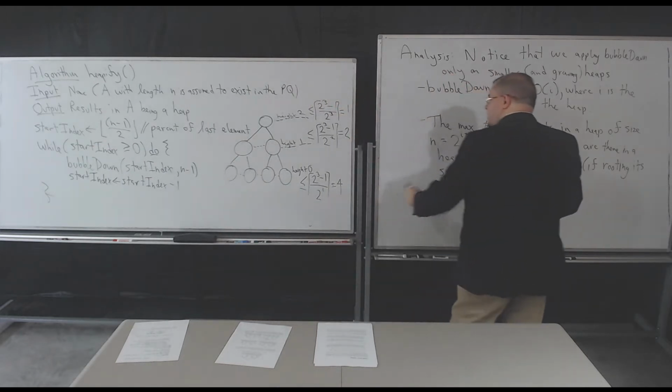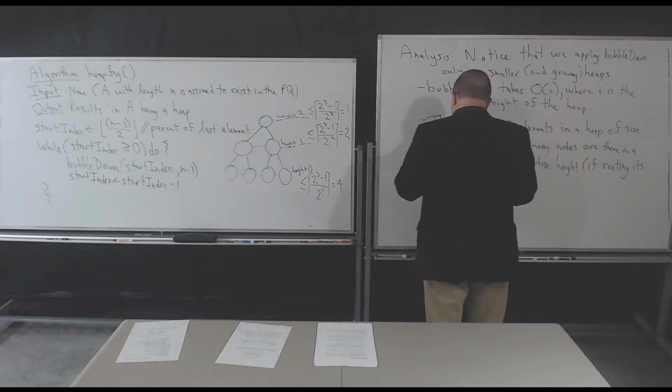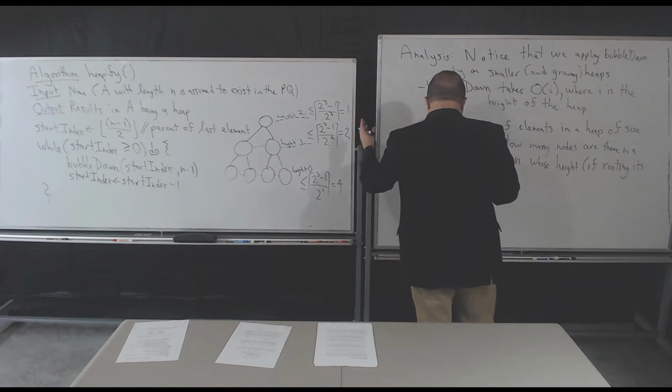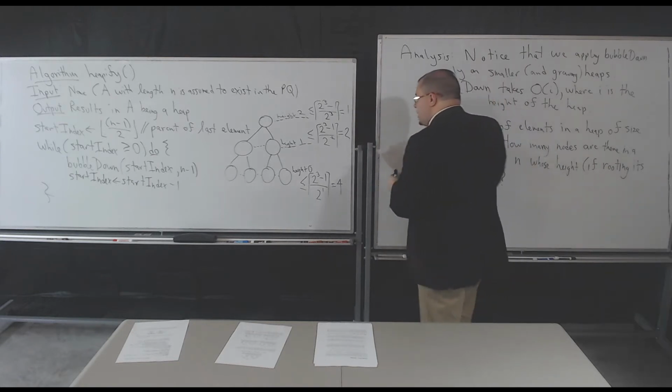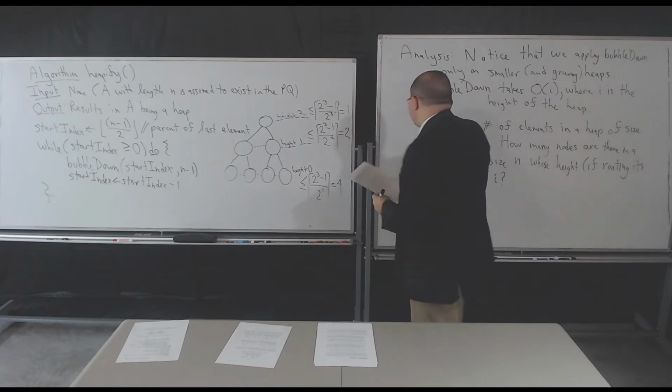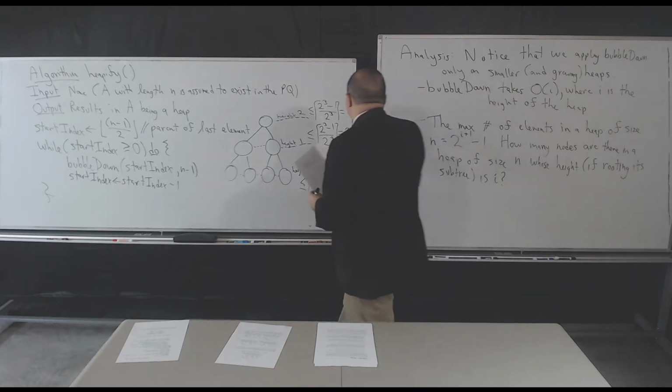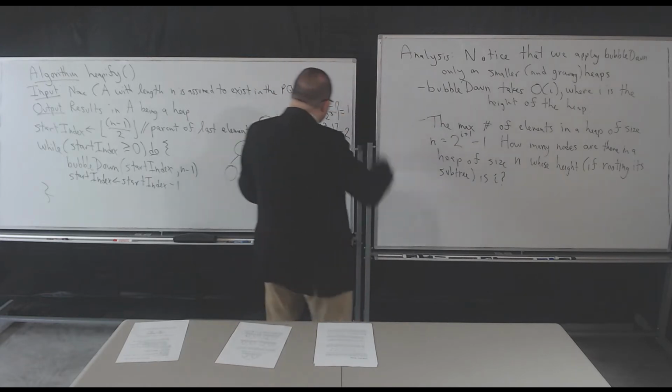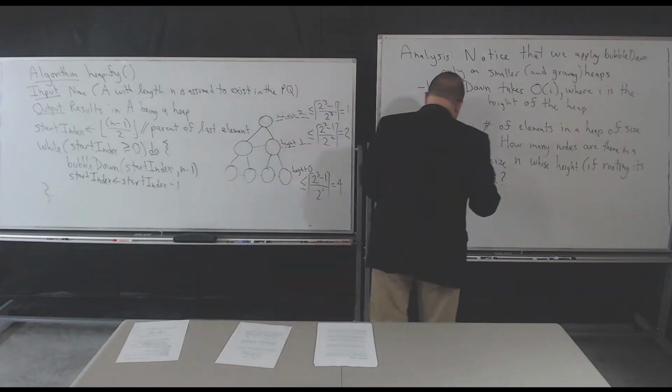Well, this is the relationship right here. So if I take this and put this all together, because keep in mind, I have all my levels here, what I need to do is just sum over this. Remember, n is equal to this. So I'm just going to have a nice formula for this, right?